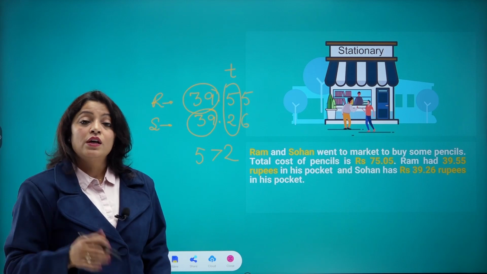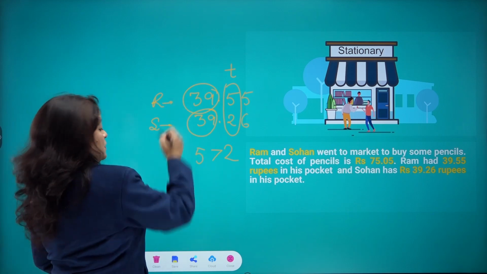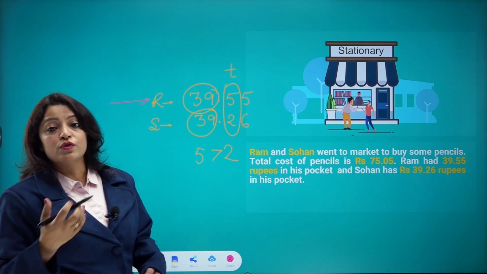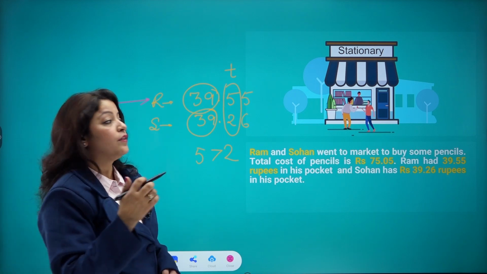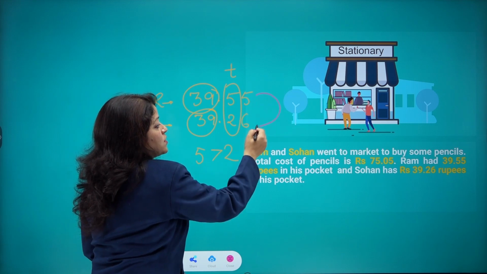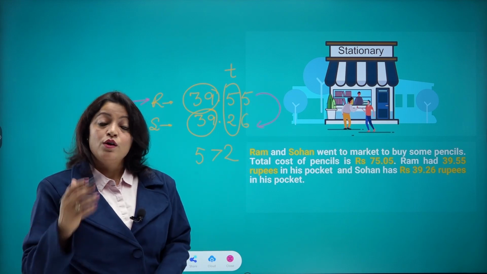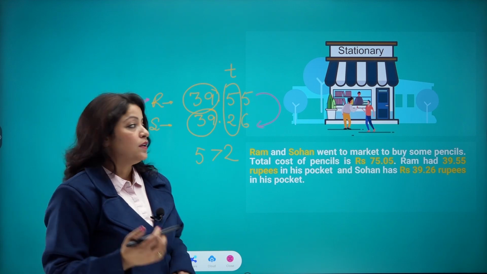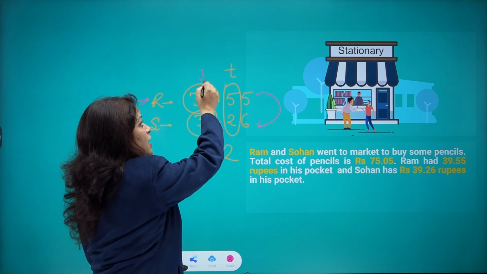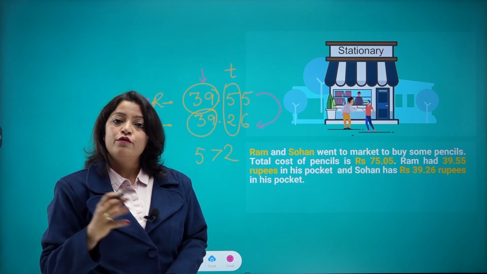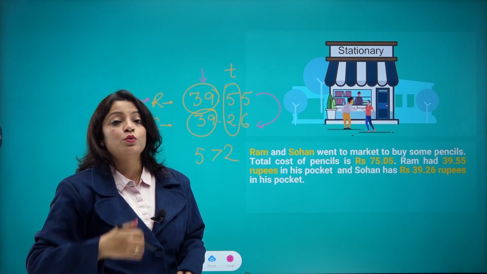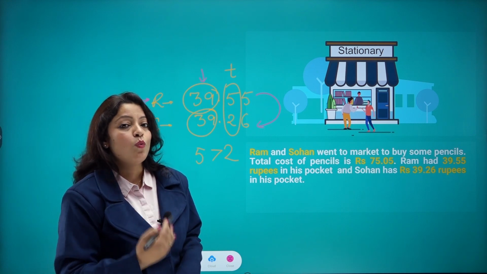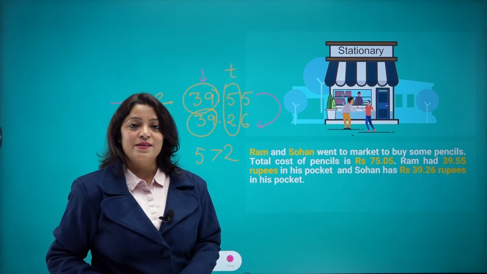It shows that the complete number 39.55, that means the amount which Ram has, is greater than the amount with Sohan. So, we can see how we can compare decimal numbers as well. We always start from the integral part first and then move on to the decimal part, and in the decimal part we move place by place.